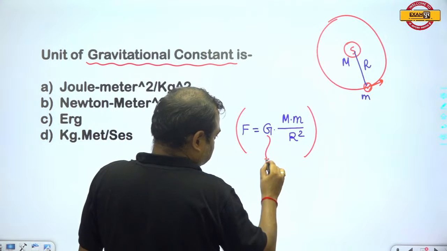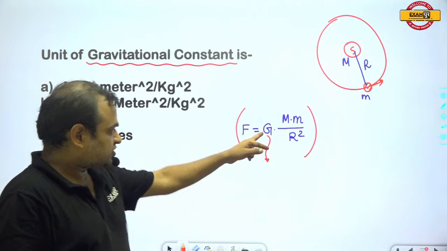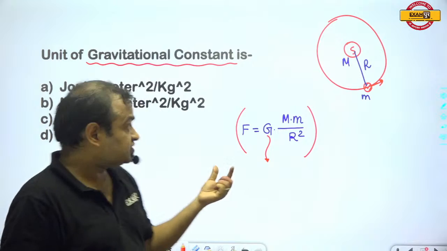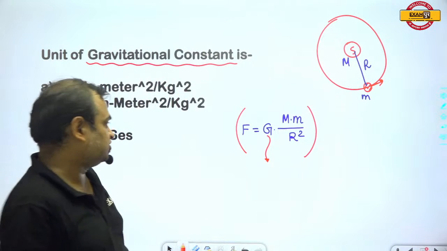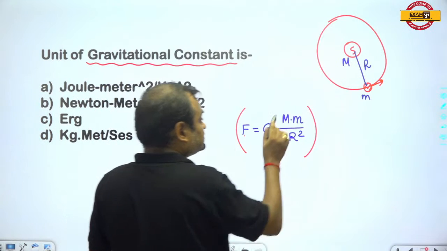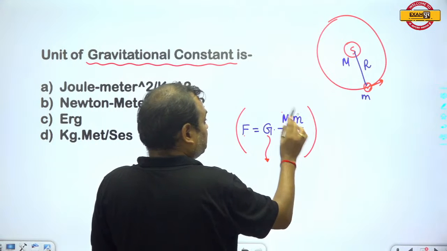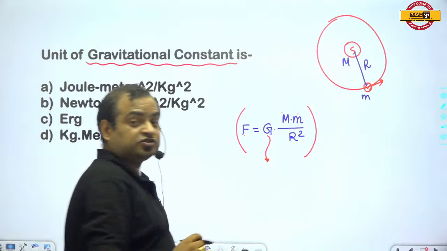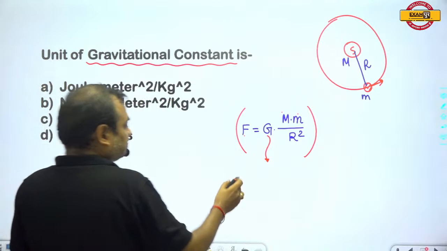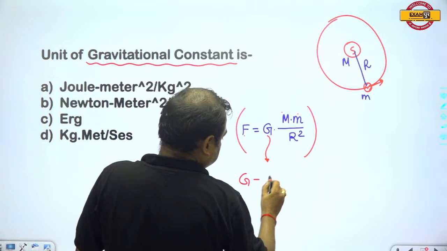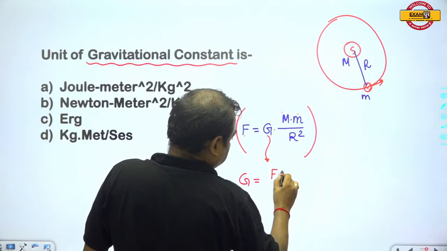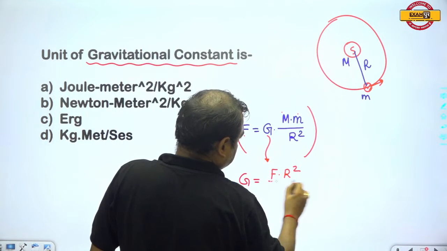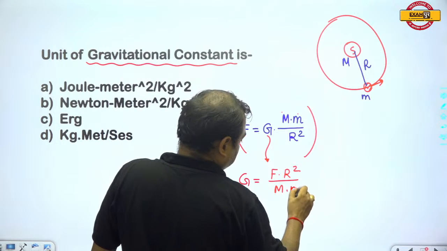This term capital G is known as the gravitational constant. F is the gravitational force, capital M is the mass of one body, small m is the mass of the second body, and r is the distance between these two masses. So we can write capital G equals F into r square upon capital M into small m.